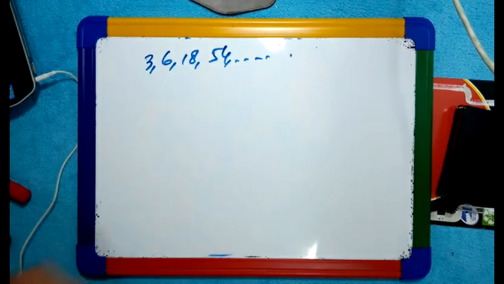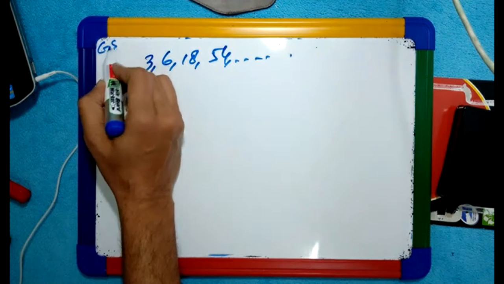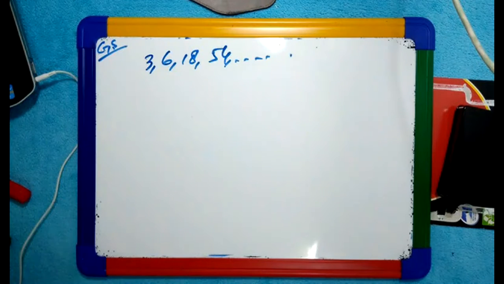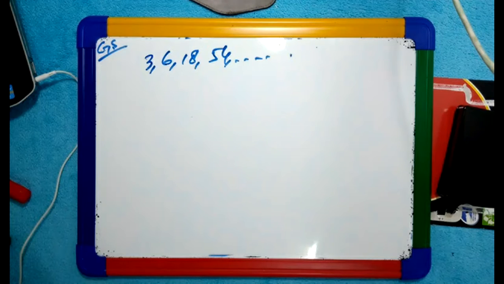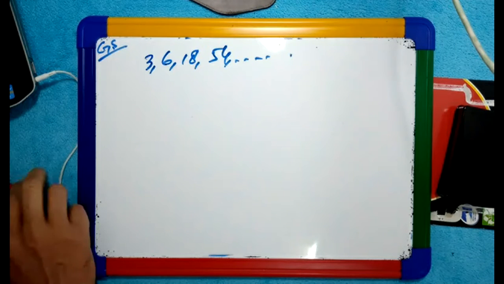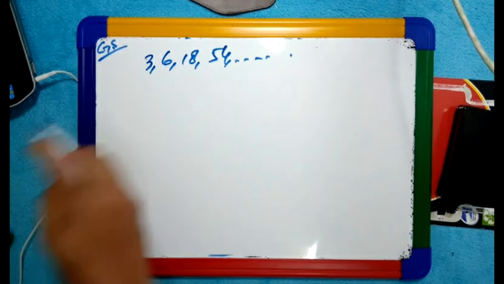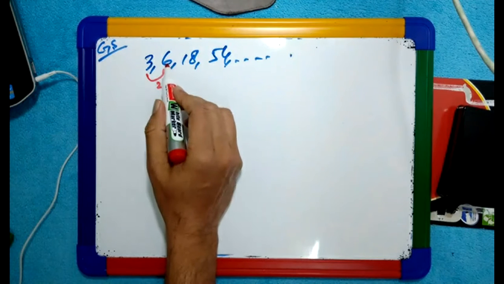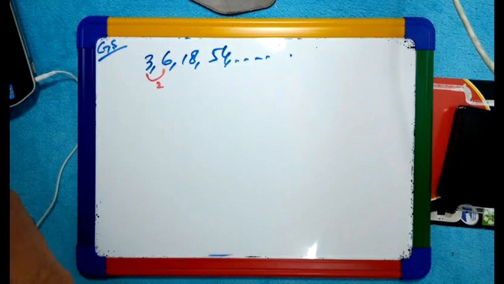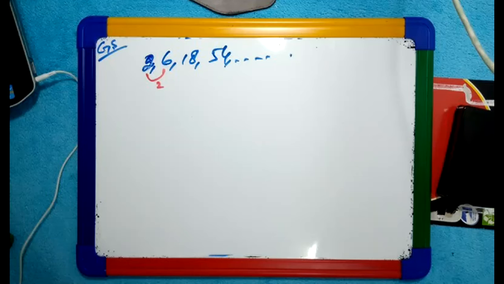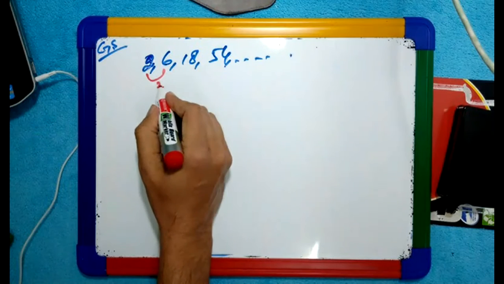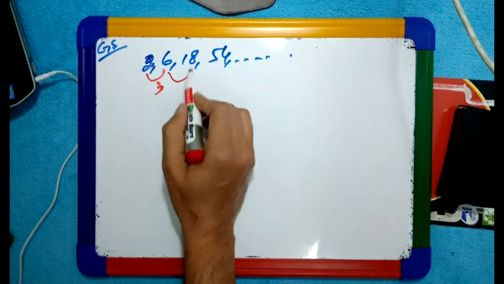In the geometric sequence, if I ask what is the common ratio in this, you will divide the next term by the previous term. 6 divided by 2 is 3, right? 18 divided by 6 is 3. 54 divided by 18 is 3. So the common ratio is 3.